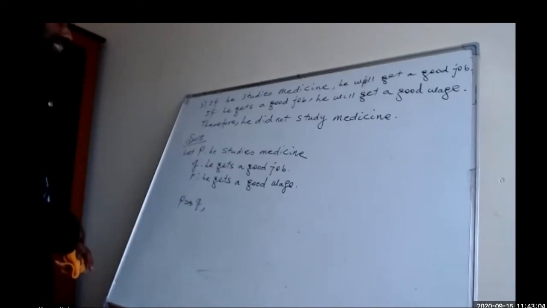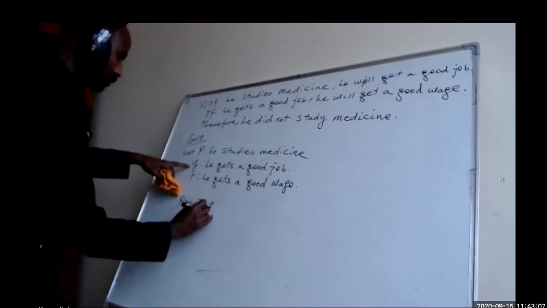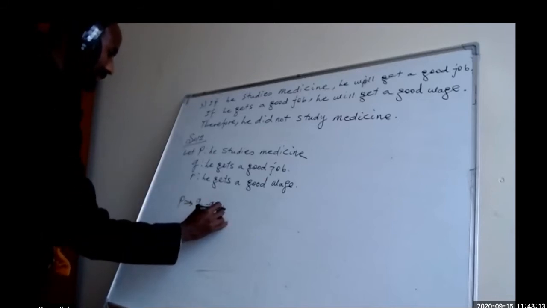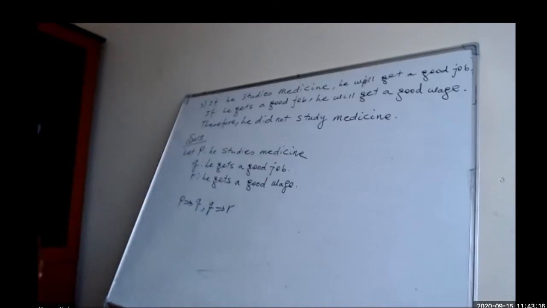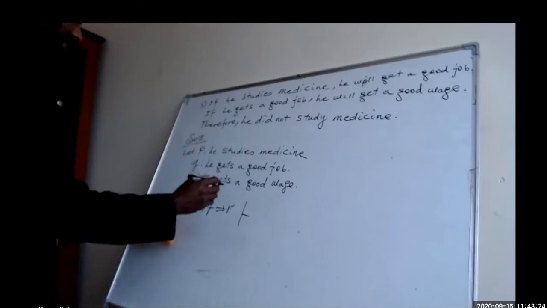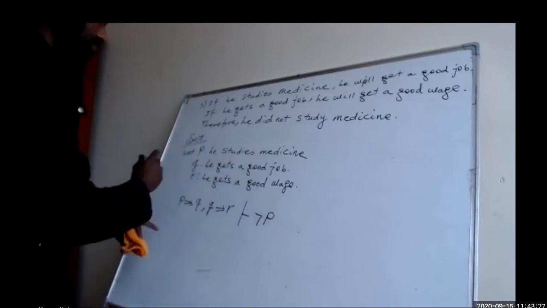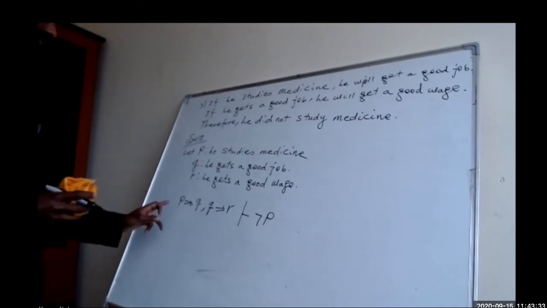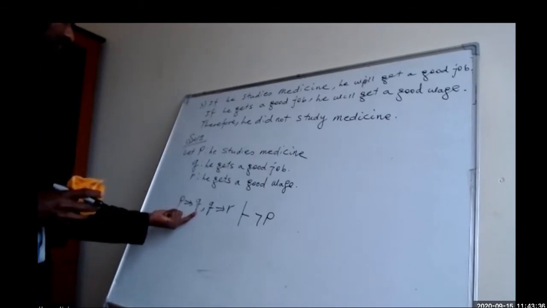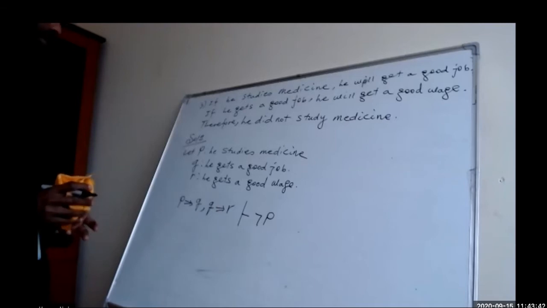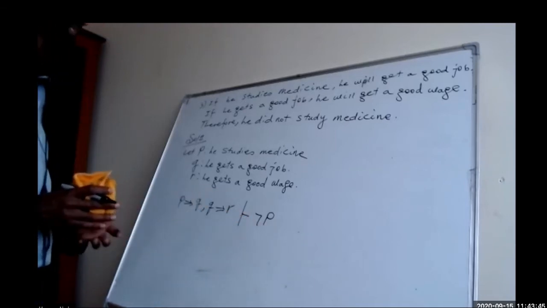Second premise, if he gets a good job, Q, then he will get a good wage, implies R. Therefore, he didn't study medicine, means negation of P. So here we have P implies Q as one premise, Q implies R as second premise, and negation of P as the conclusion.